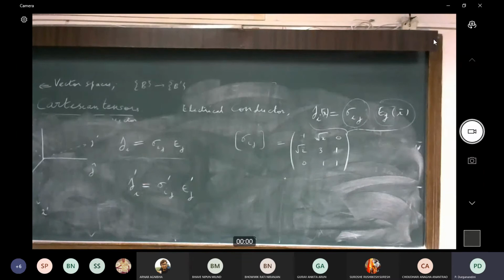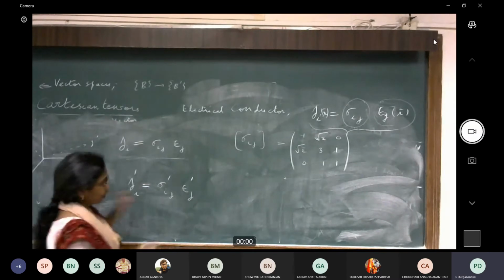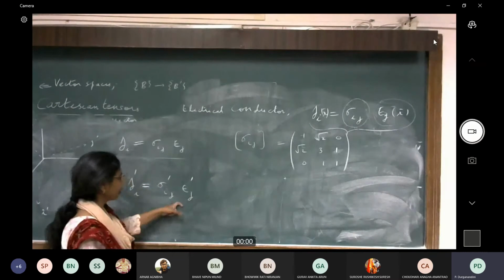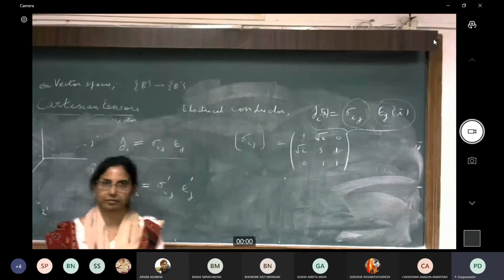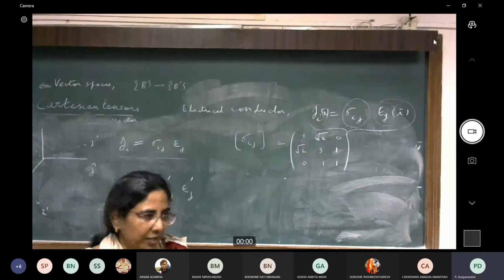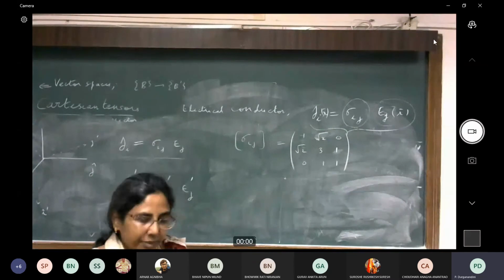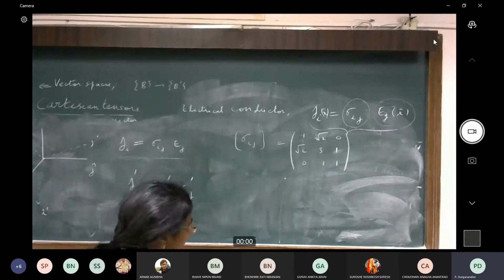So the best way is to transform this now to a basis in which the sigma becomes diagonal.